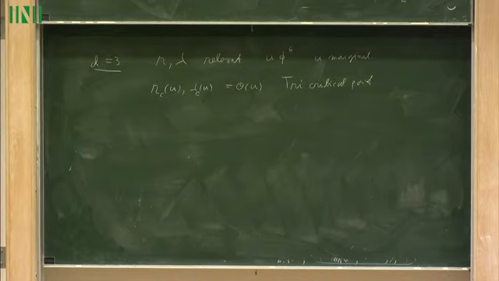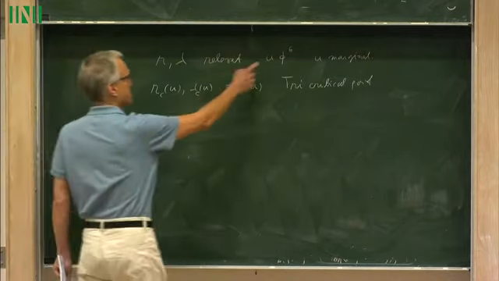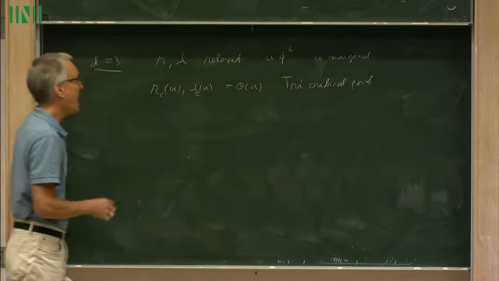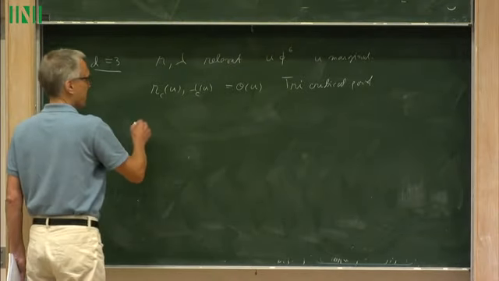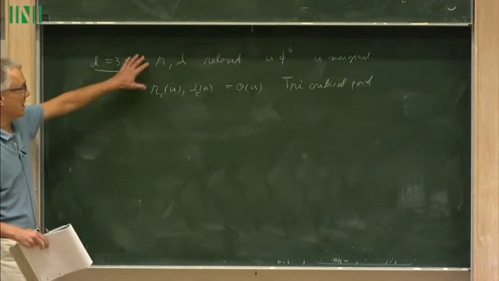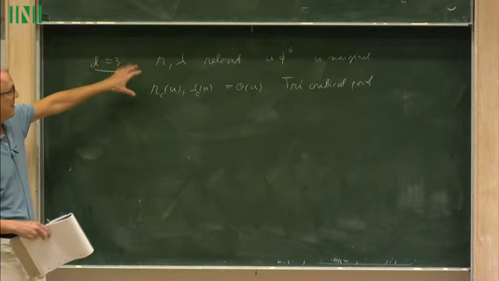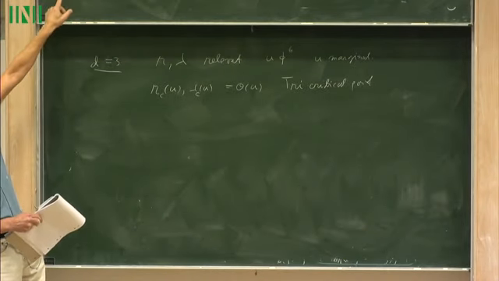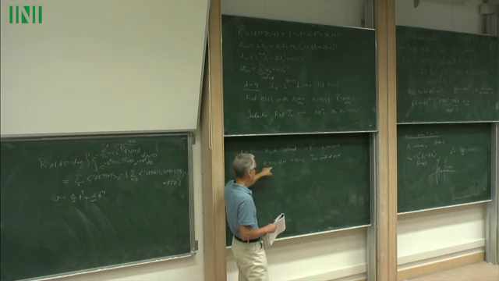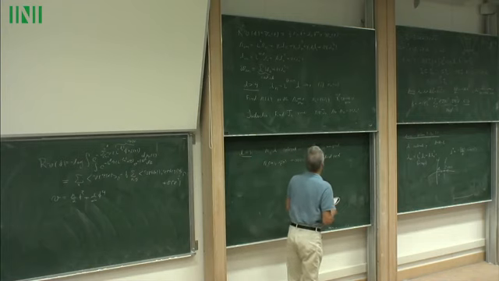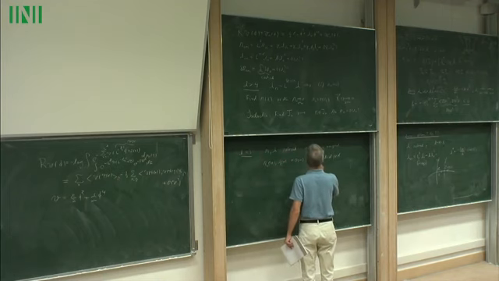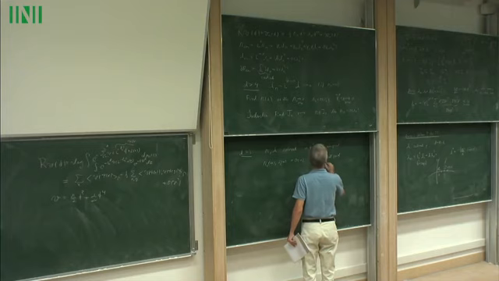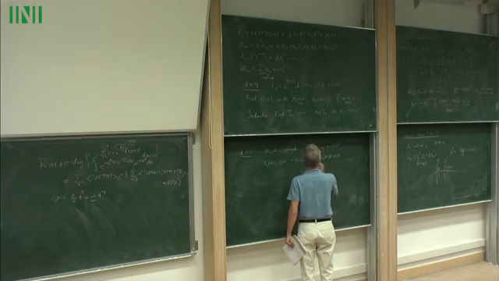We can do exactly the same thing. And then the question is, what happens to this? And indeed, it turns out to be marginal. So the tri-critical point is perturbative. You can construct it exactly like I constructed the critical point in 4 dimensions, and it's Gaussian as n goes to infinity.